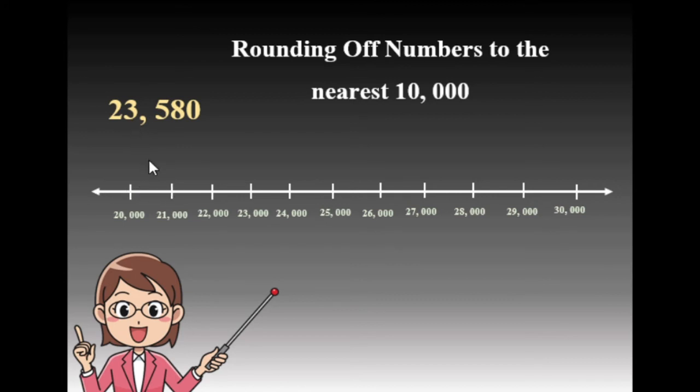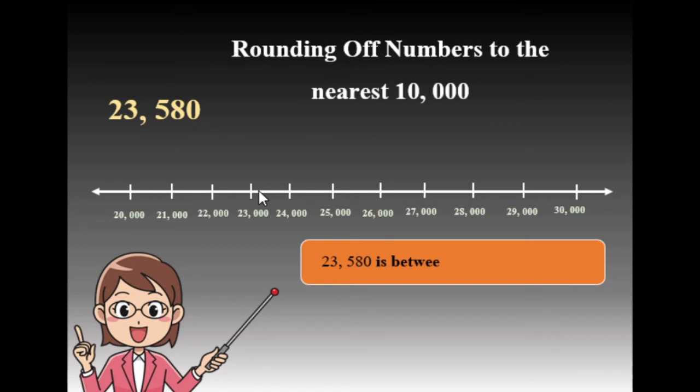So, where is 23,580 in this line? Perhaps it would be here, right? Okay, so you can say 23,580 is between 20,000 and 30,000. So see, you started with 20,000 and 30,000, right? Yes.